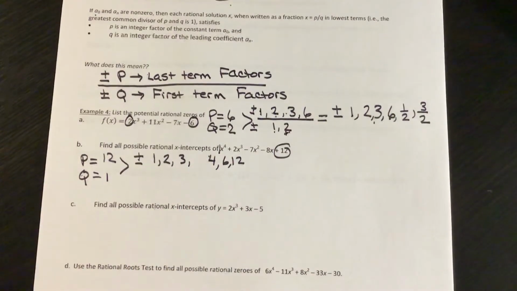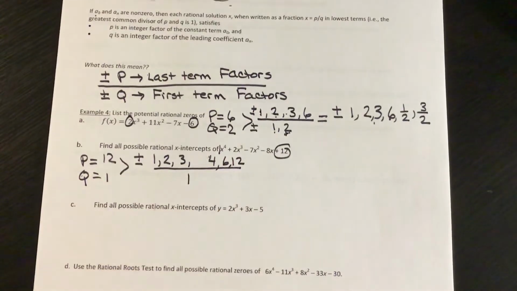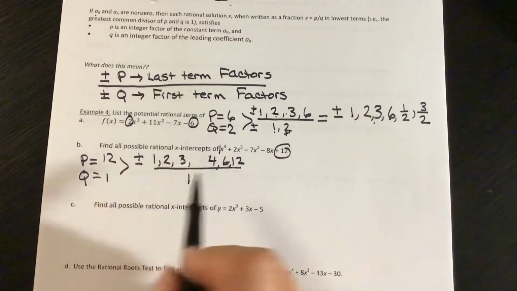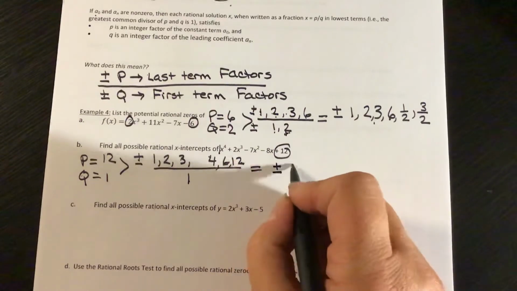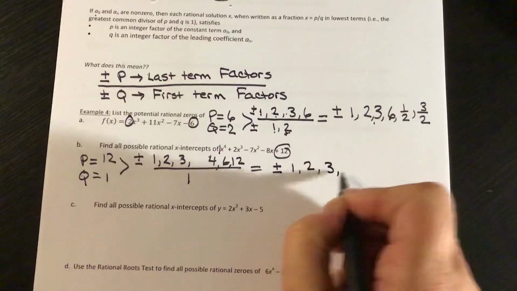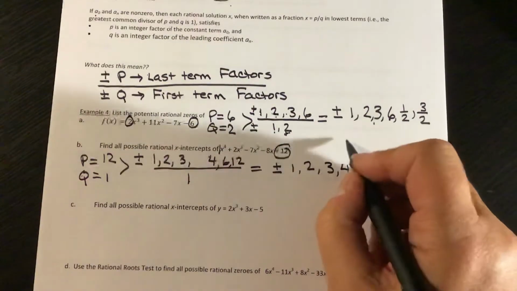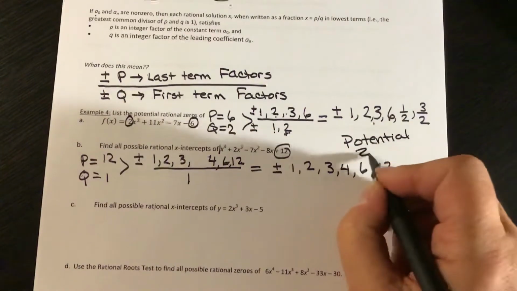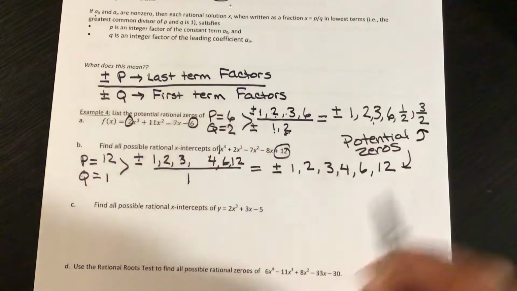Factors of 1 is just 1. So my potential zeros are all of these numbers divided by 1: positive and negative 1, 2, 3, 4, 6, and 12. These are potential zeros.